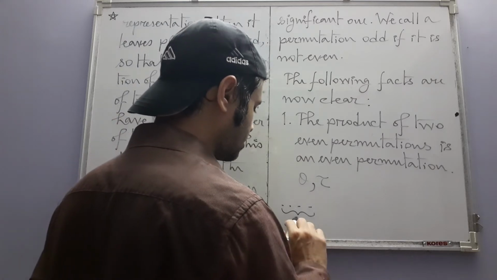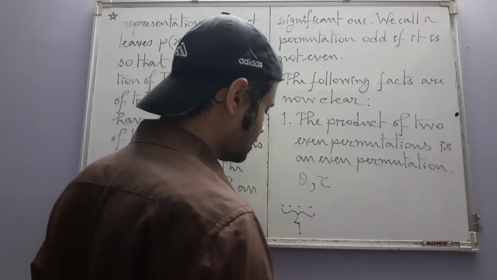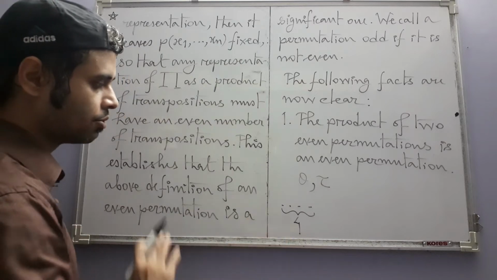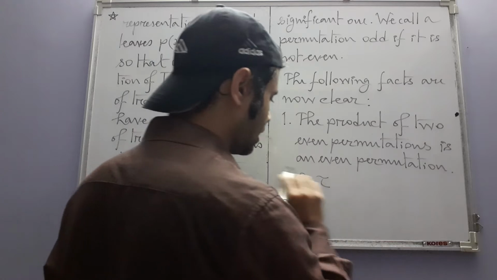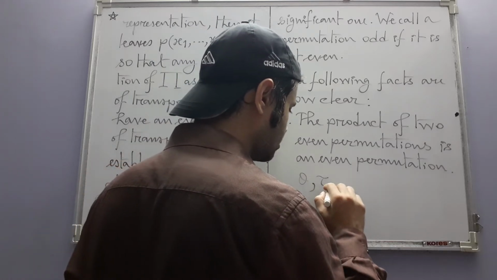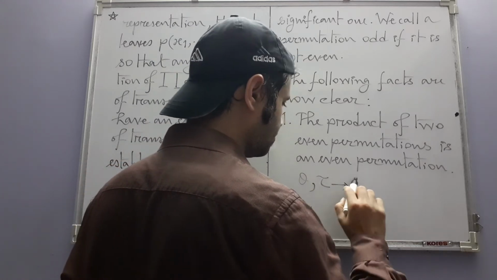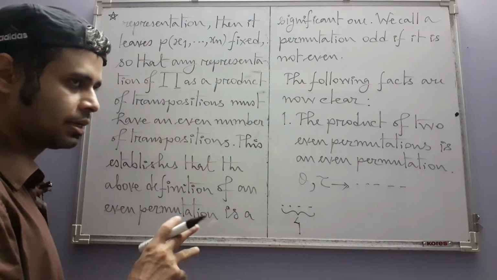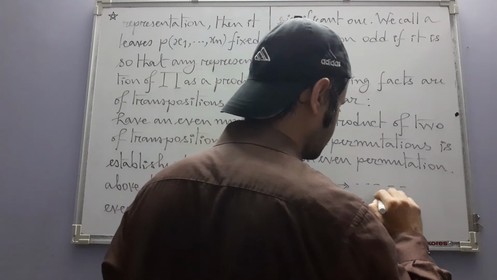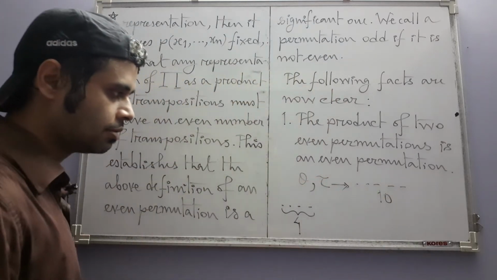Just for the sake of simplicity and specificity, let us take 4. So theta is a product of 4 transpositions. Tau is also even, so in any expression it is also a product of an even number of transpositions. Say in one such expression it has 10 transpositions involved.